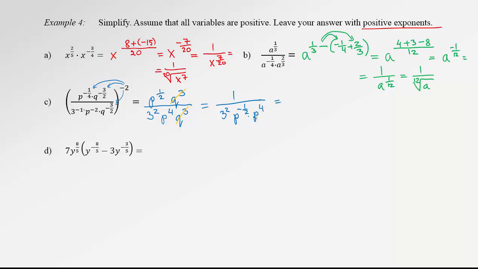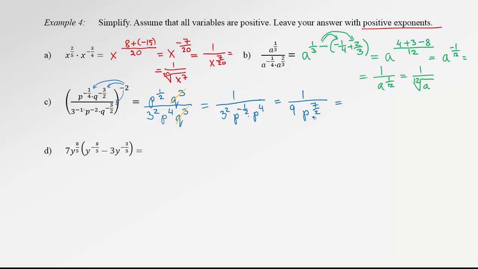So now to combine these two p's, we need to add exponents, right? So the answer would be 1 over, instead of 3 squared, we can write 9, and then p to the 4 minus 1/2 is 3.5, but 3.5 can be written as 7/2. And that's good. This is already a good answer.